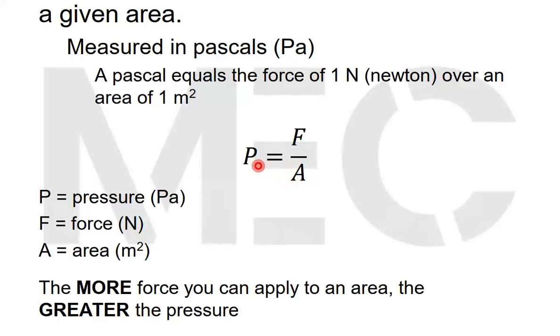That's why, for example, with a little push, a pin goes into the skin of our hand, which means when the area is little, a needle can easily go into our skin. But a nail, it is difficult for a nail to go into our skin. So the smaller the area, the greater the pressure.